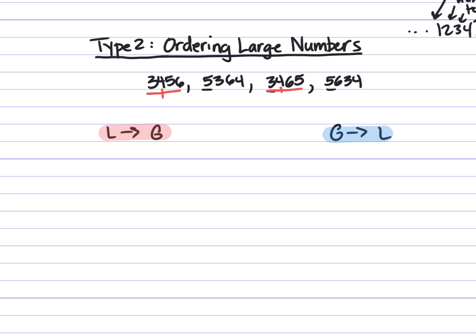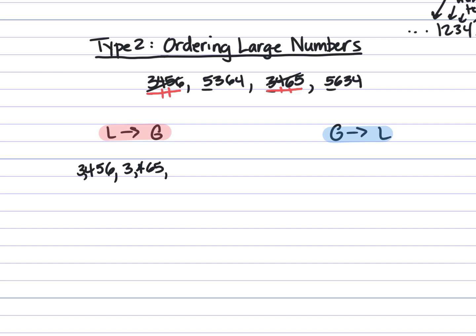Now I'm going to look at the tens place. That's a 5, that's a 6. Since 5 is less than 6, I know my first number is 3,456, and I'm going to mark it out. Then I know my next number already because that one was so close, and it was the only other one that was 3,000. The other two are 5,000. So that's clearly more.